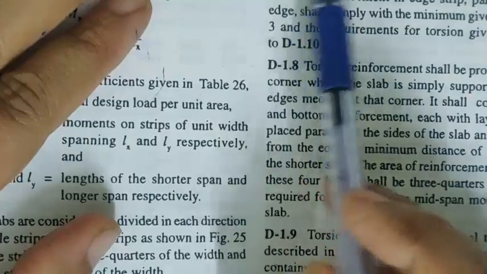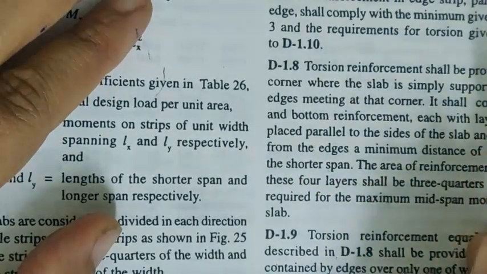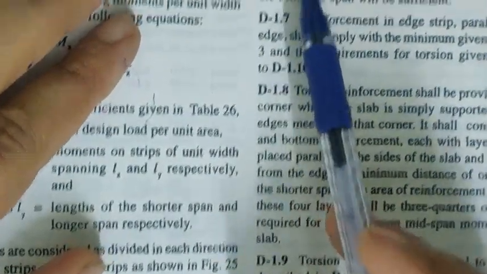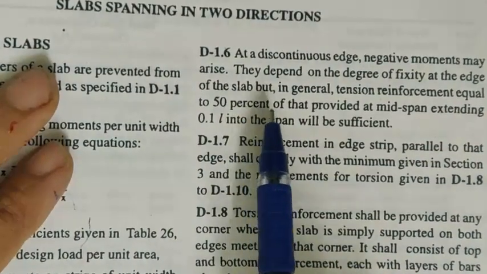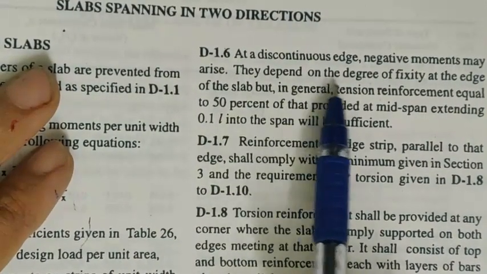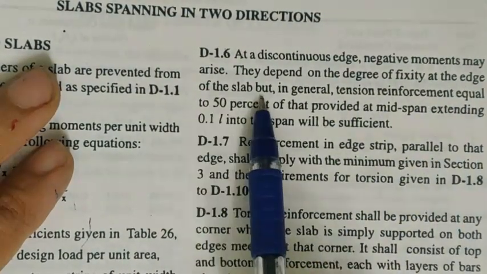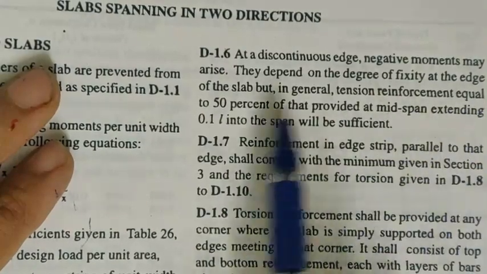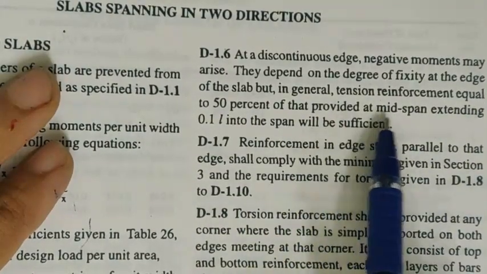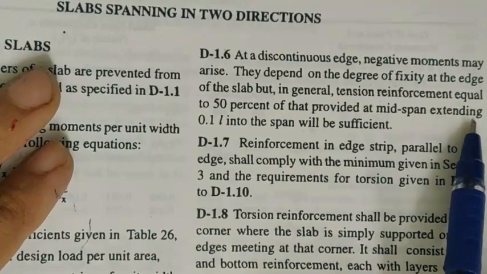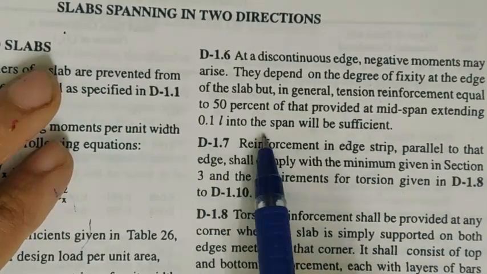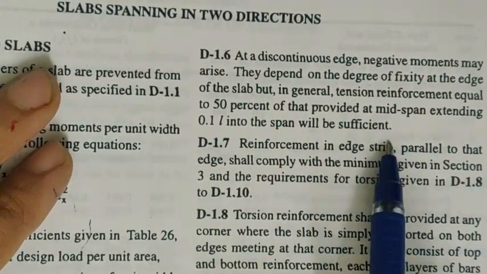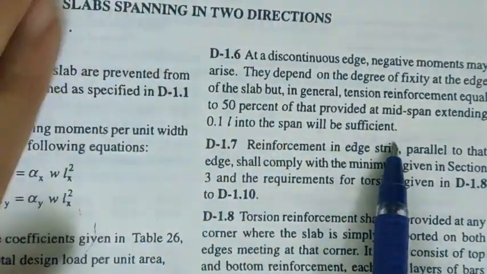Next is, at this continuous edge, negative moments may arise. They depend on the degree of fixity of the edge. In general, tension reinforcement equal to 50% of that provided at the midspan, extending 0.1 L into the span will be sufficient.